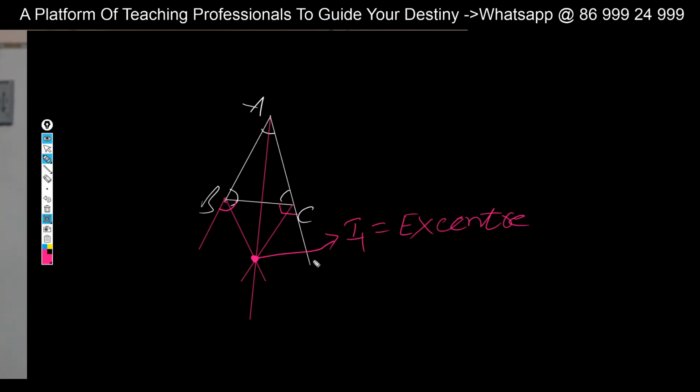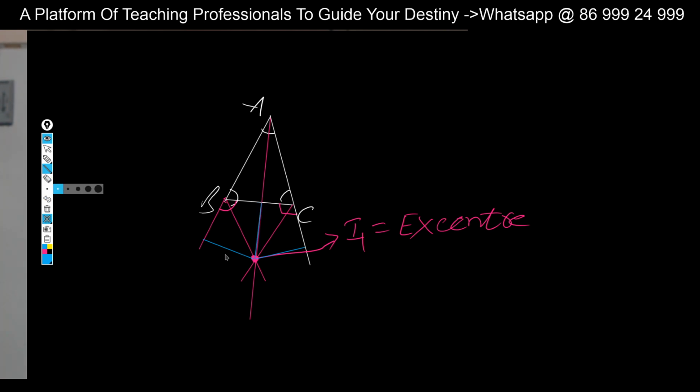This I1, why is it said to be the excenter? If you take the perpendicular distance from I1 to this side, this is the perpendicular distance.